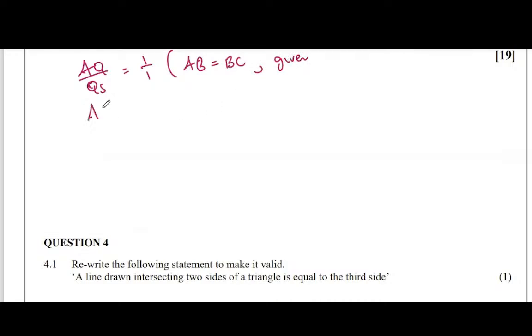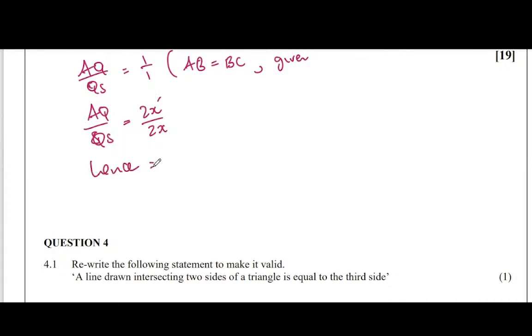Which means our AQ over the QS, that was 2x over the 3x. 2x over the 3x can also be multiplied by the same thing. Just cancel that out. Is it cancelling it out? Nope. Let me just erase this. We're saying AQ over QS is also going to be 2x over 2x, since the ratio is 1/1.